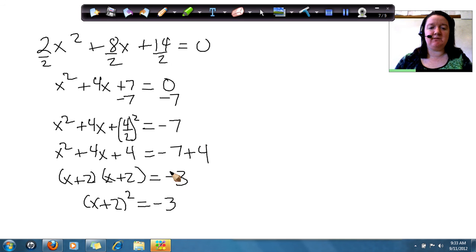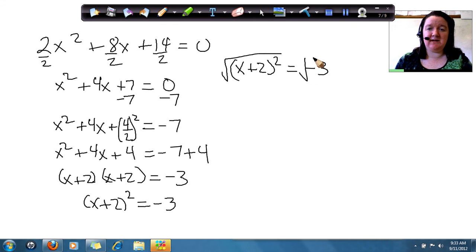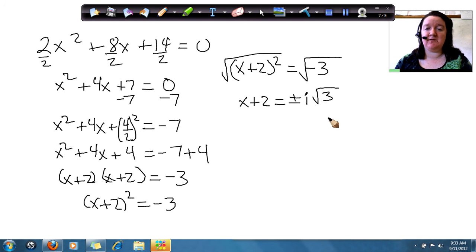And now we have to take the square root of both sides. Remember, yesterday we were dealing with the square roots of negative numbers. So let's take the square root of that side and the square root of that side. When you have a square root and a square, they undo each other, so we get x plus 2 equals plus or minus. Now we have a negative inside there, so I'm going to pull out an i and the square root of 3.